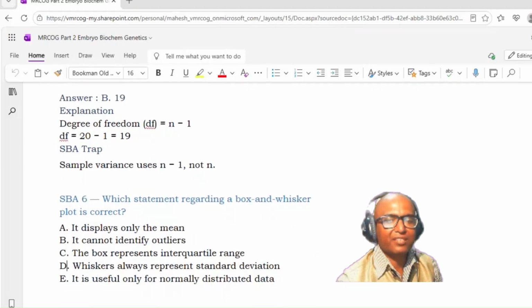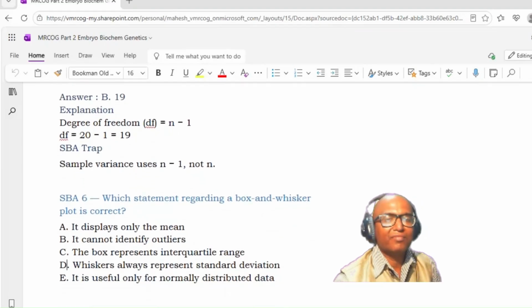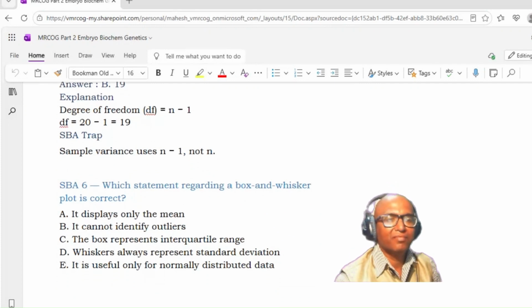Next. Which statement regarding a box and whisker plot is correct? It displays only the mean. It cannot identify quartiles, outliers. The box represents interquartile range. Whisker always represents standard deviation. It is useful only for normally distributed data. Sir, option C, the box represents interquartile range.